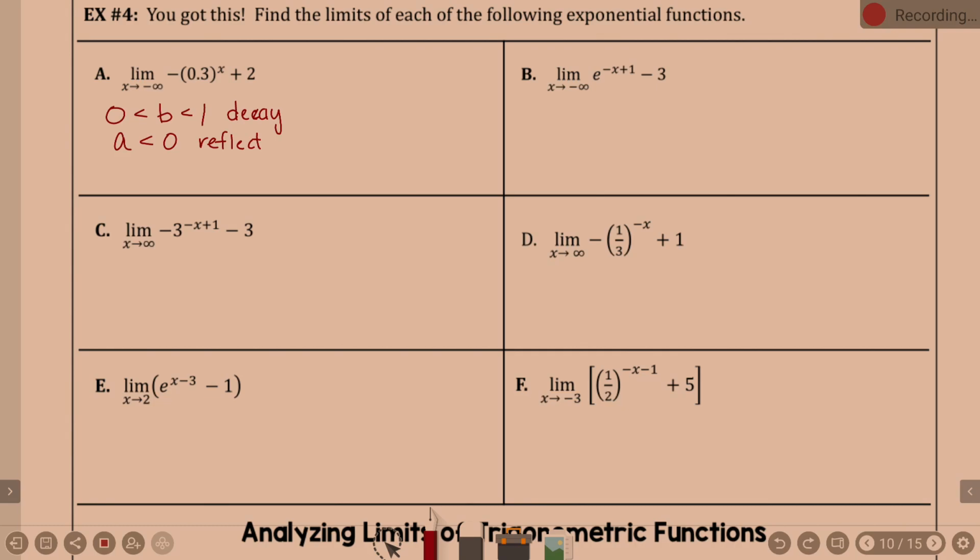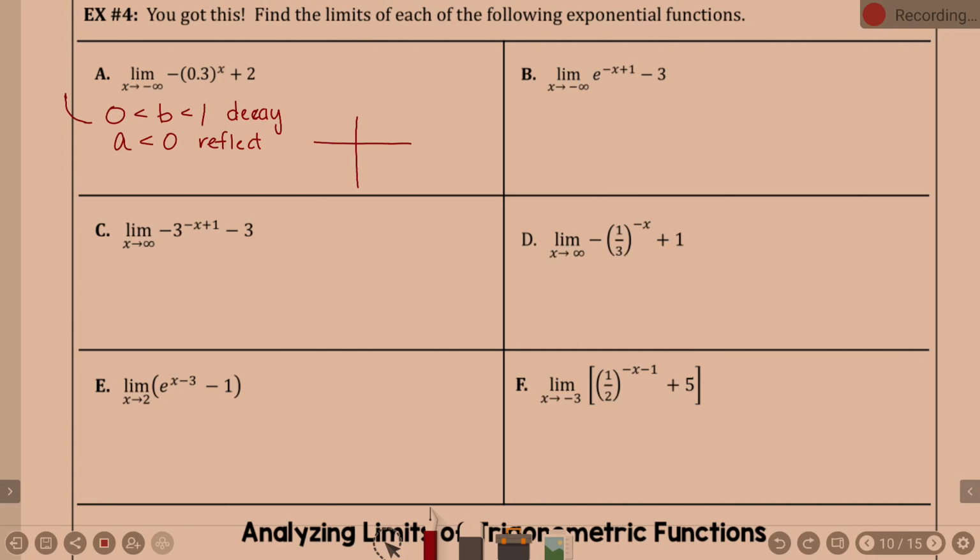Okay, I've got a visual going on in your head. Yes. And here's my thing. A decay for me says, okay, I know decay looks like that. But then I'm going to reflect that. When I reflect that across the x-axis, now it's underneath.